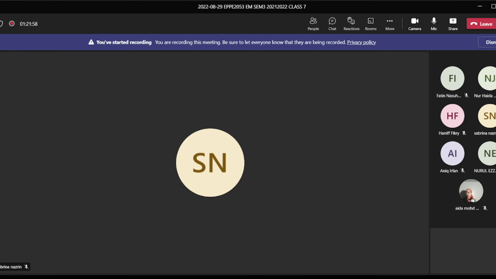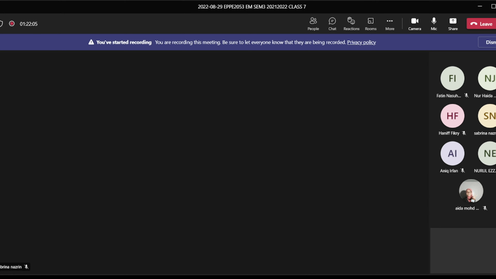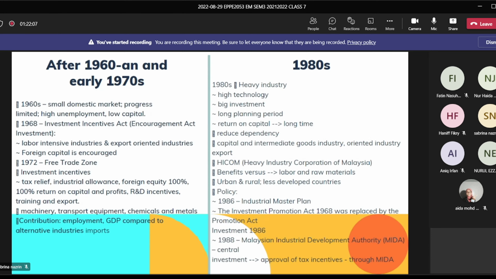1960 and early 70s: small domestic market, progress limited, high unemployment, low capital. Yes, that's why in the 1960s there was a problem for Malaysia. High unemployment. So the role of industries at that time was to create jobs for the people.